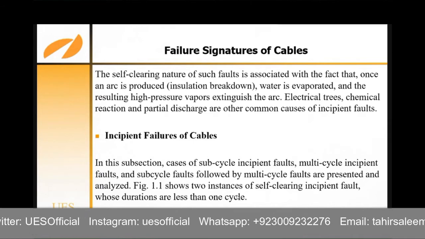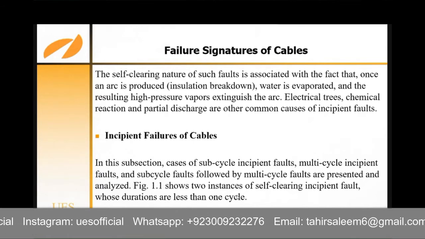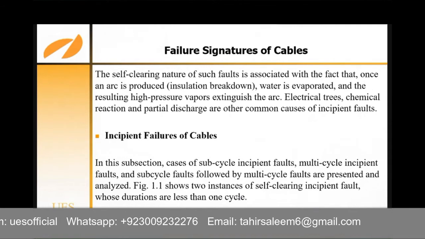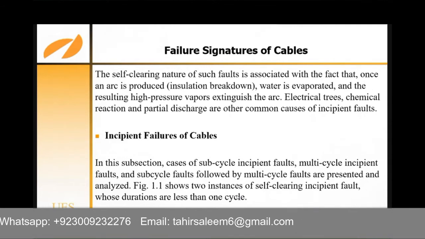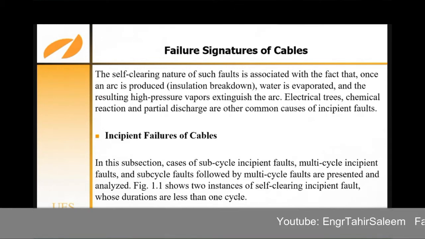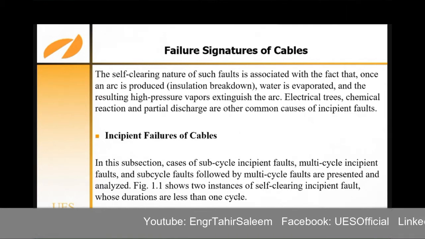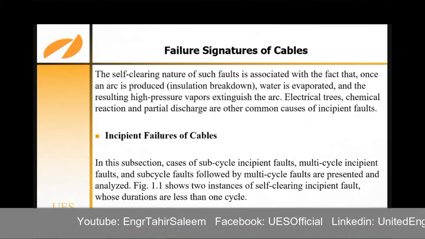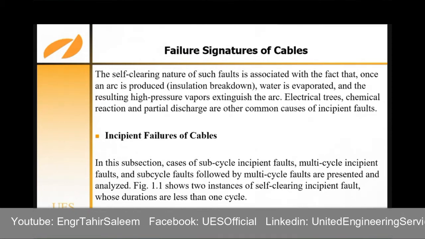For example, if an arc is produced because of water present in the cable, that arc produces heat, and that heat is enough to evaporate the moisture which caused the arc. Due to that heating, the high pressure vapors of that moisture extinguish the arc. So these are the general causes of the self-clearing nature of such faults.